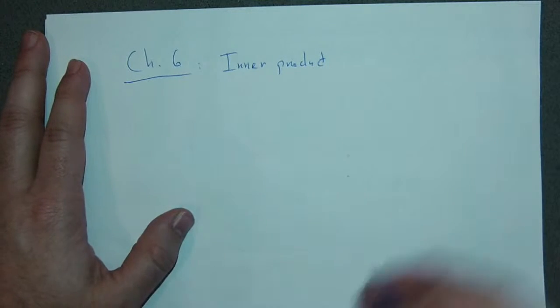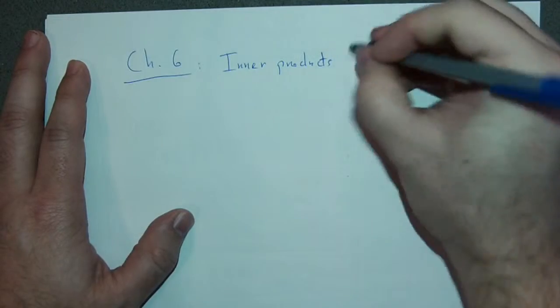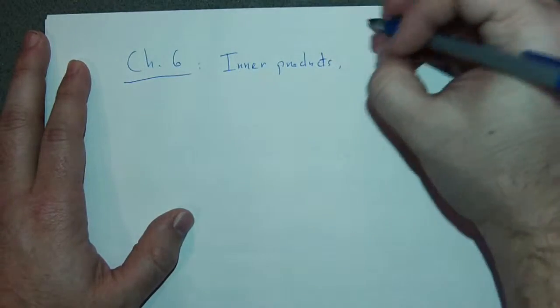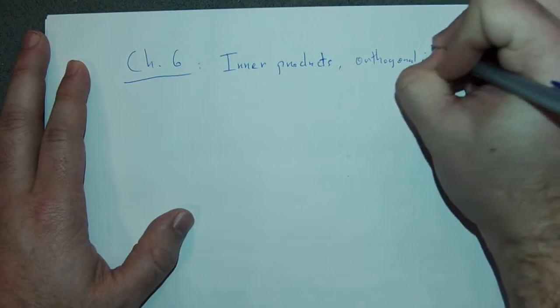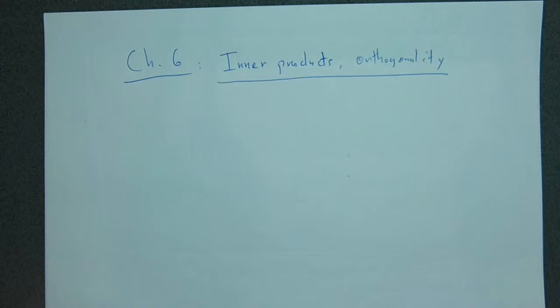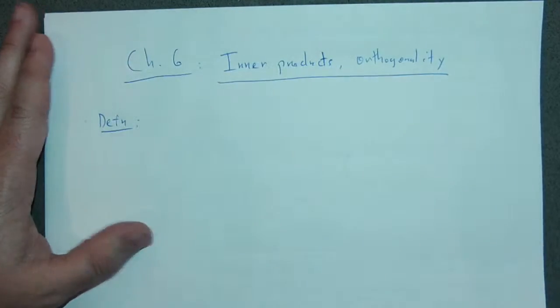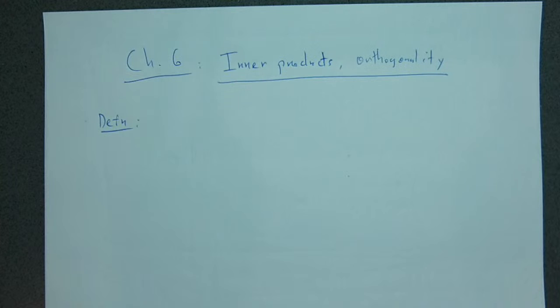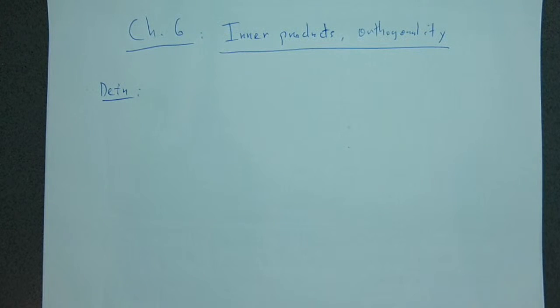So the inner product, or inner products, orthogonality. This is the first thing that we're going to talk about. Okay, and so quick definition. You've seen this before, but maybe you haven't seen it exactly in arbitrary dimensions.